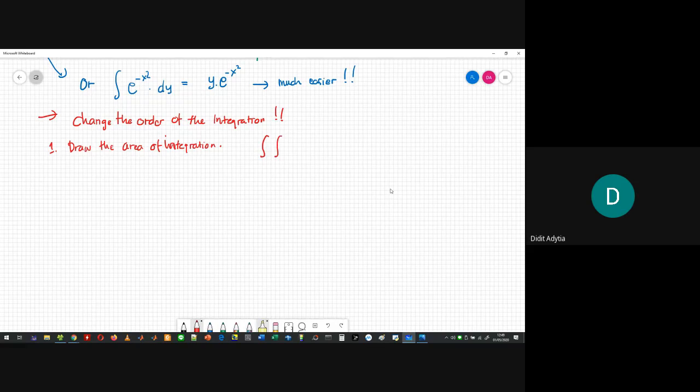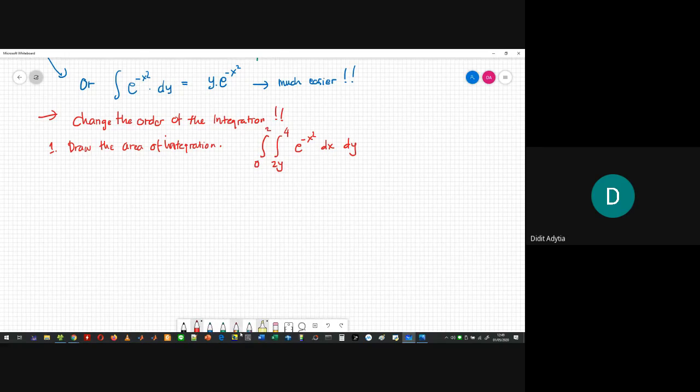I will write it again: the integral of e to the power of minus x squared dx dy, where x is from y to 4, and then y is from 0 to 2.